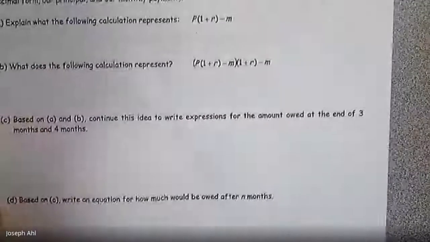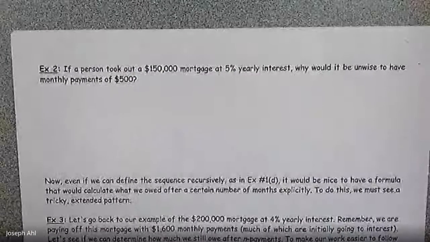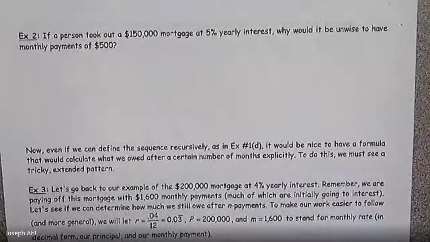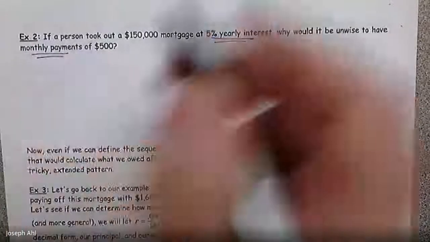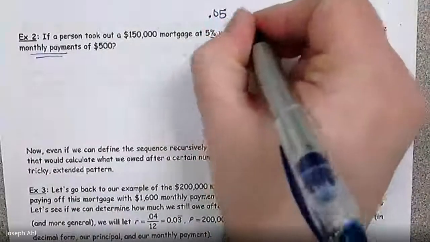All right, if you turn to the next page, it says example 2, if a person took out a $150,000 mortgage at 5% yearly interest, why would it be unwise to have monthly payments of $500? Okay. So if we think about the 5% yearly interest, remember that if you're making monthly payments, that yearly interest rate has to get divided by 12.